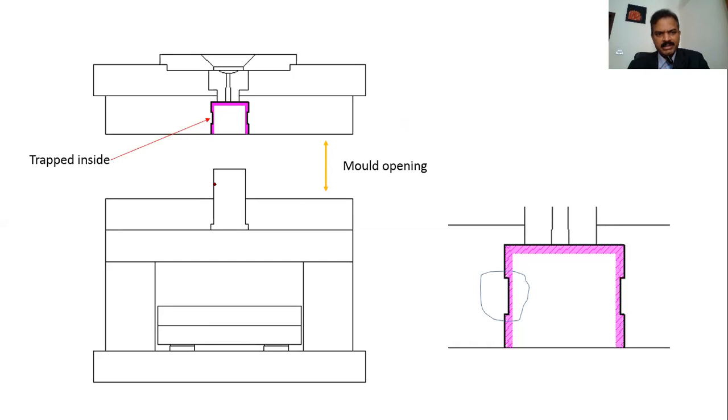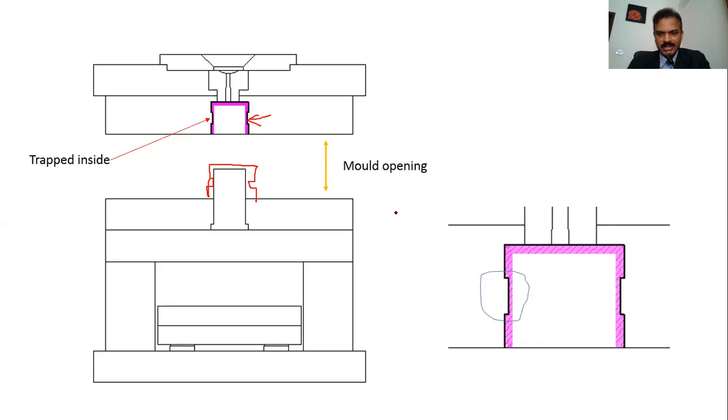The component is supposed to sit here, but it did not. Usually it shrinks onto the core and the core will pull it out. In this case, because of this undercut, the component got trapped inside the cavity. Now, how can we take this out? There's no way.